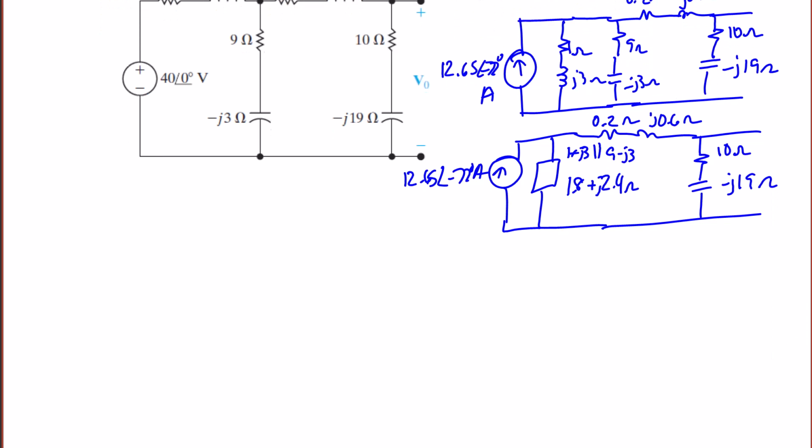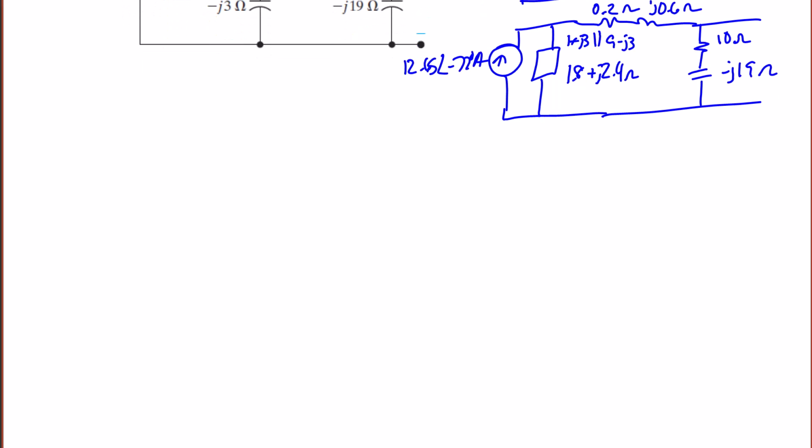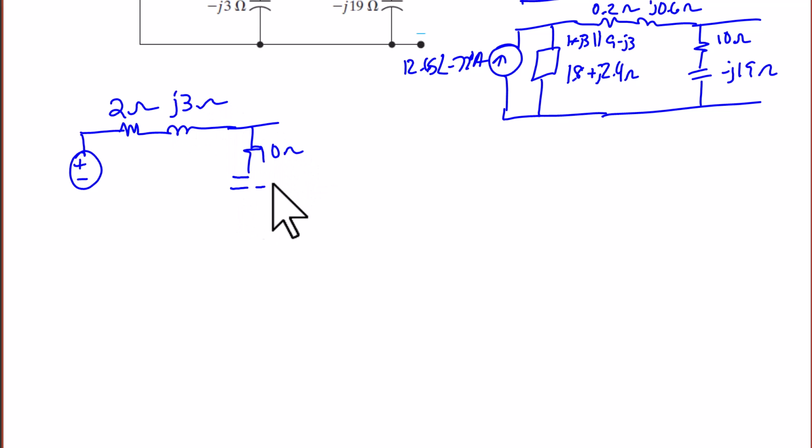So next we're going to do another source transformation to convert back to a voltage source in series with an impedance. So the impedance is going to be 1.8 plus 0.2, which is 2 ohms, plus J2.4 plus J0.6, which is J3 ohms. And then we're going to have the 10 ohms and the negative J19 ohms again.